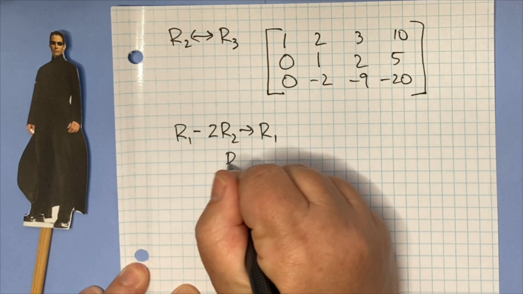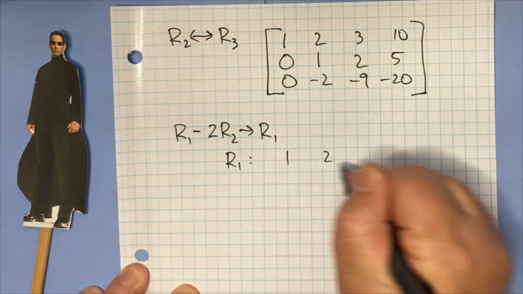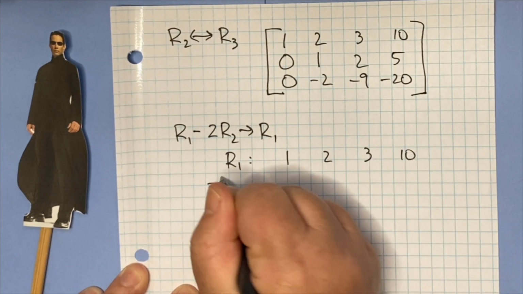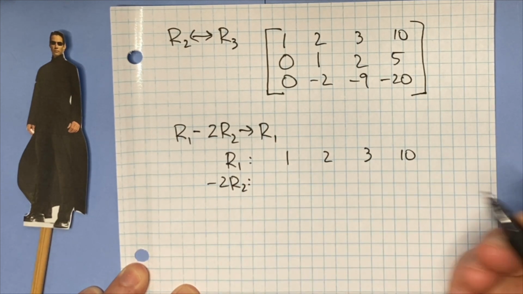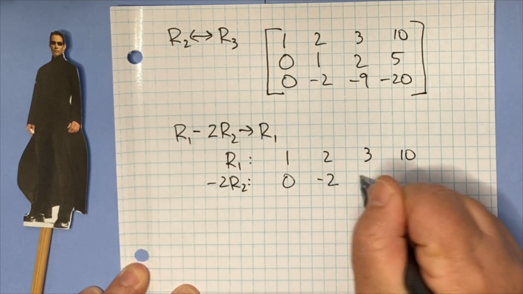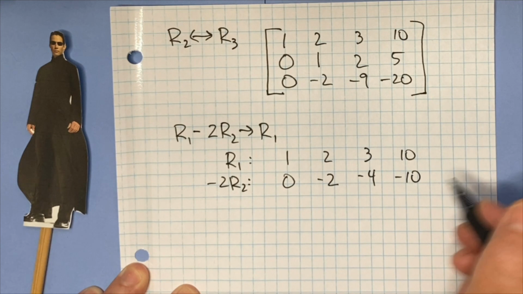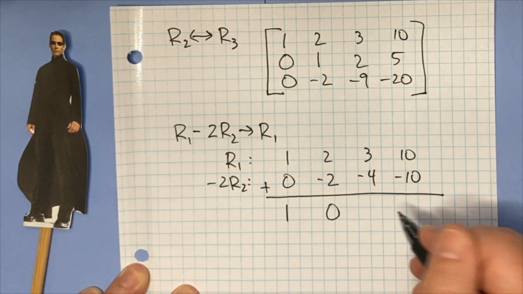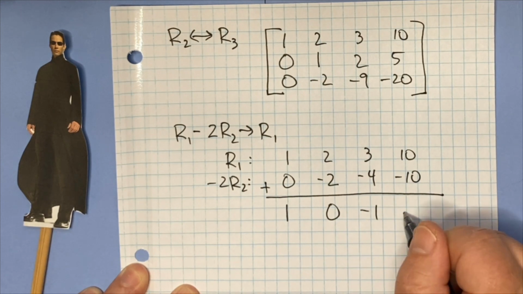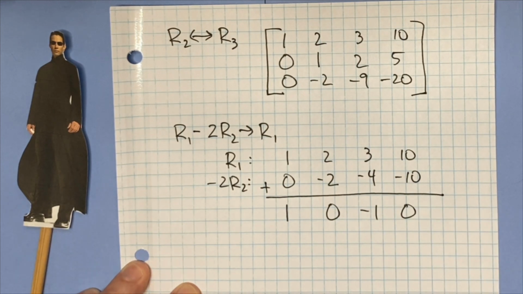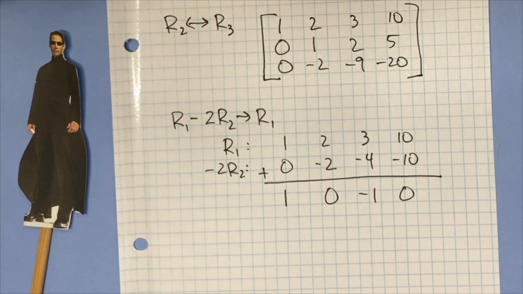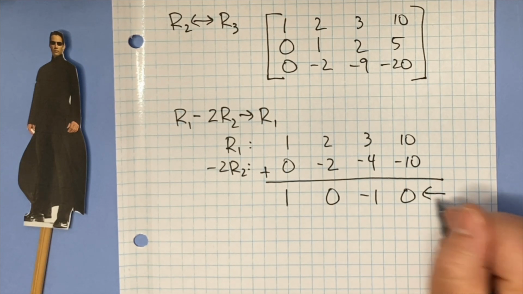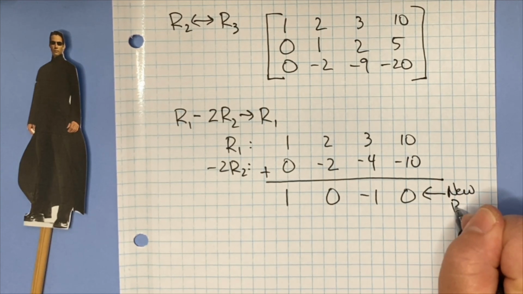Okay, so row 1, 1, 2, 3, 10, -2 row 2, 0, -2, -4, -10. I'm going to get 1, 0, -1, 0. Interesting. Okay. So this is my new row 1.